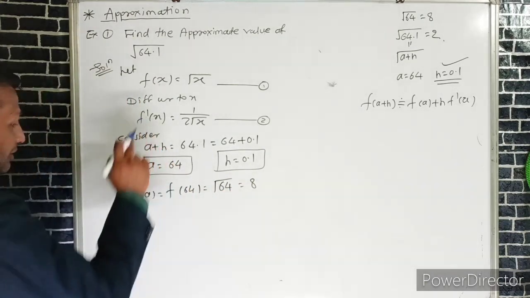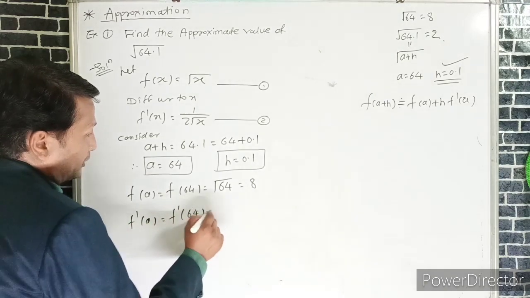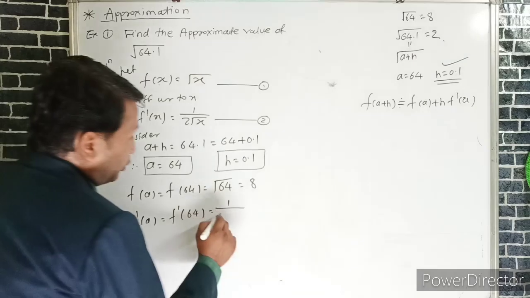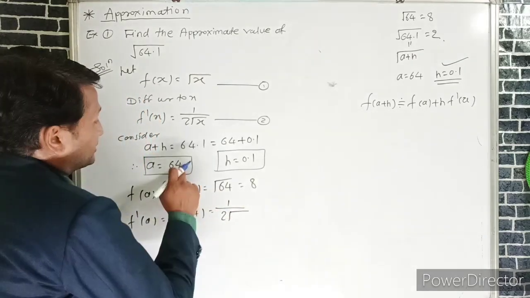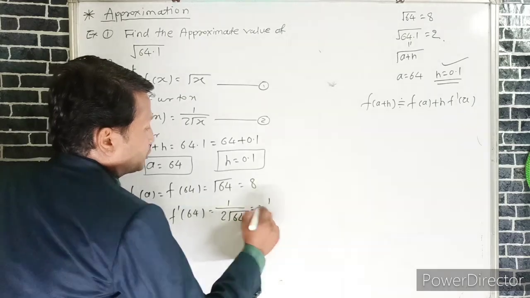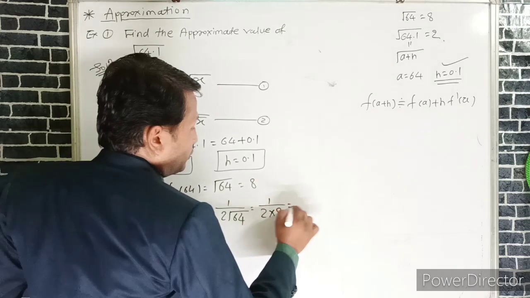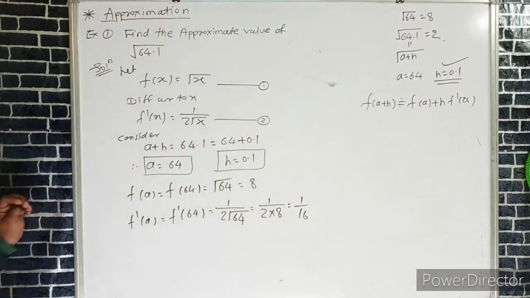So again, f dash of a is equal to f dash of 64, which is 1 upon 2 under root of x, meaning again a, and the value of a is 64, so 1 upon 2 into under root 64, which is 8, so 1 upon 16.